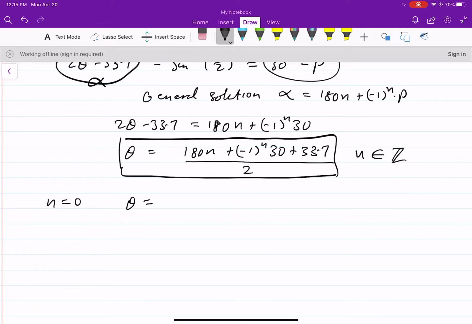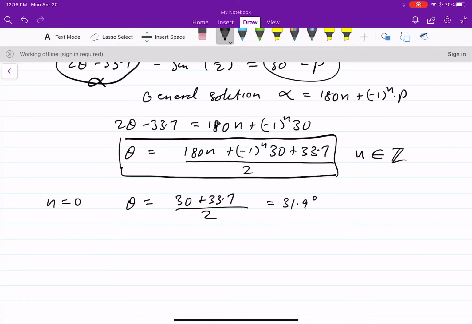Anything to the 0 is 1. 1 by 30 is 30. 30 plus 33.7 over 2. That is 31.9. Okay, that's my first solution.